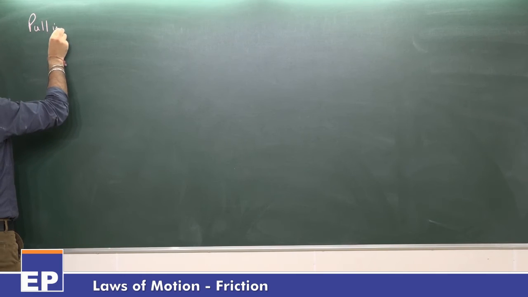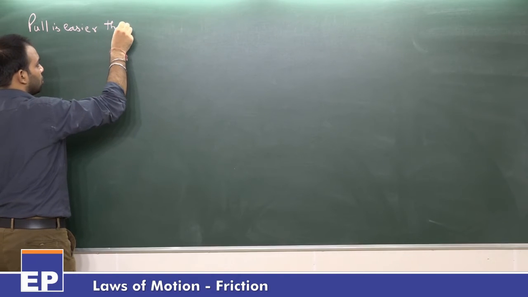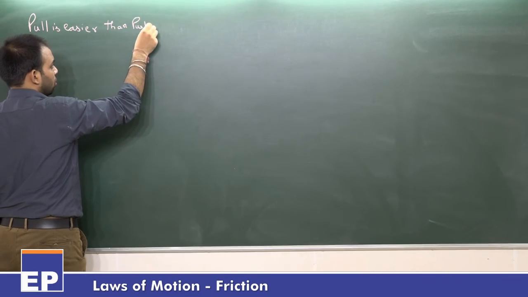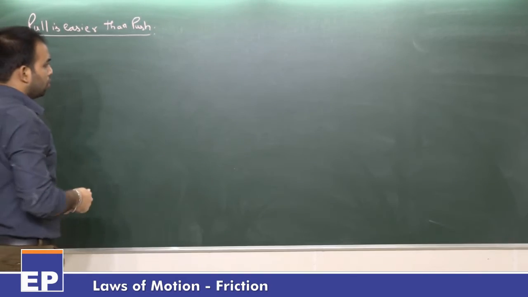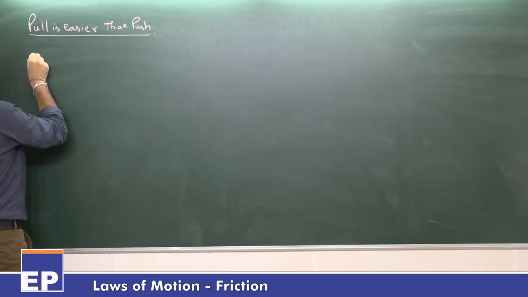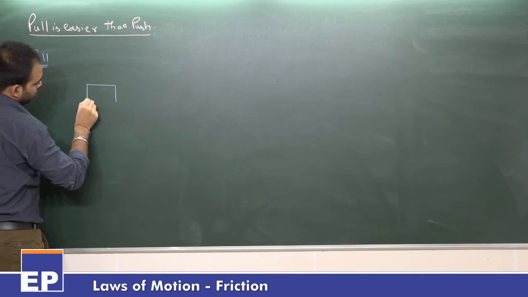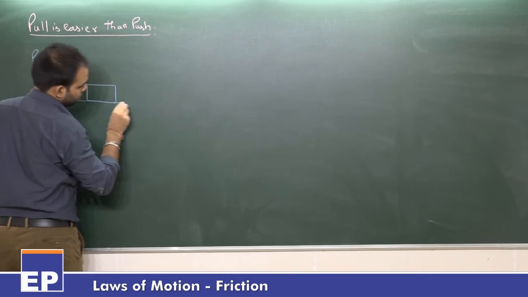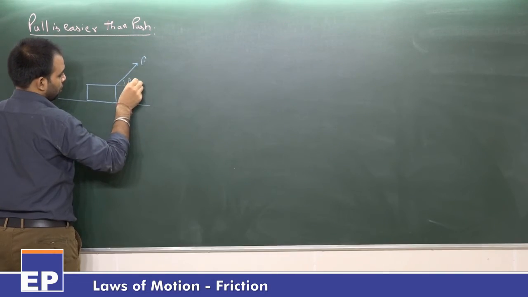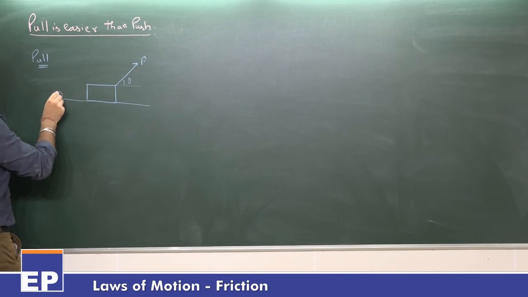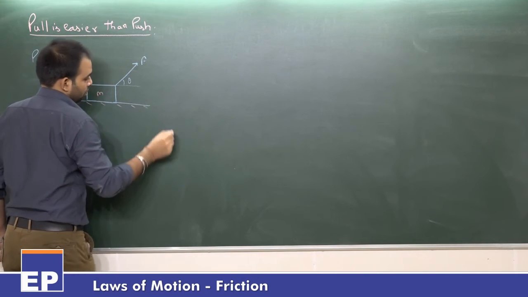Pull is easier than push. Say there is a case of pull, meaning there is a block, and a force acting in this direction at an angle theta, with coefficient of friction mu and mass m, and there is a case of push.